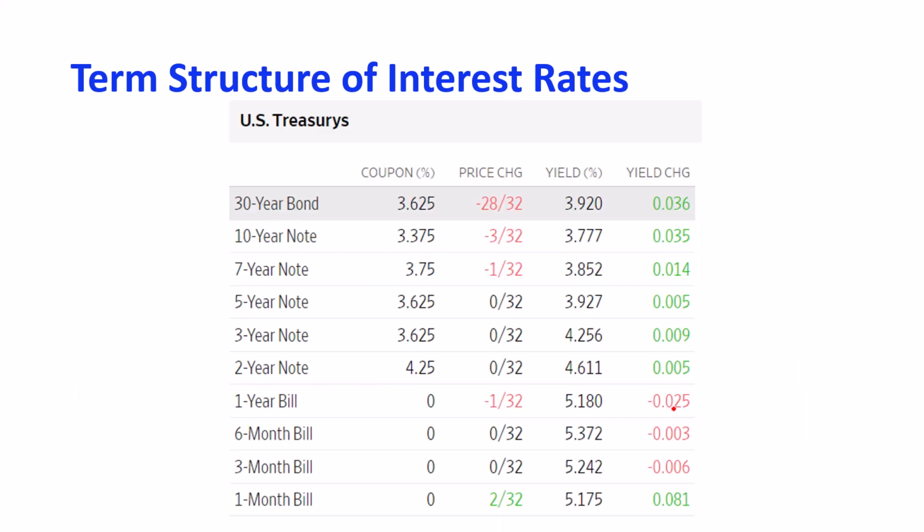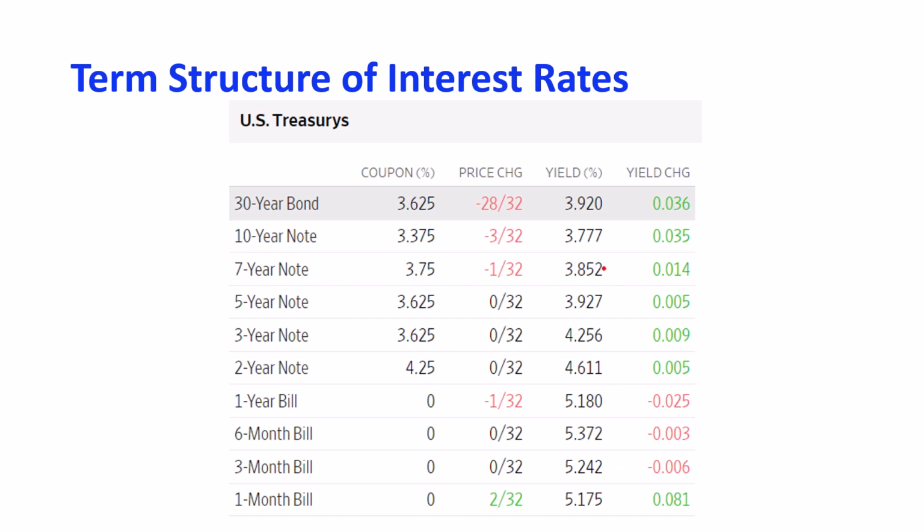To come up with this, we are going to look at the prevailing rates for different maturities of these government securities in the market. So you're looking at a 1 month bill with a yield of 5.175%, 3 month bill 5.242, and 2-year note 4.6, and so on and so forth.